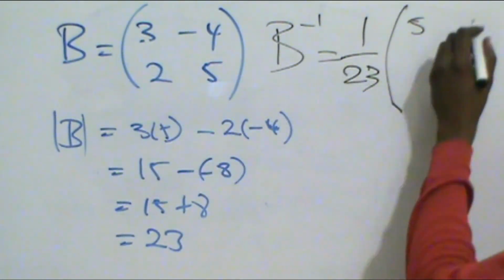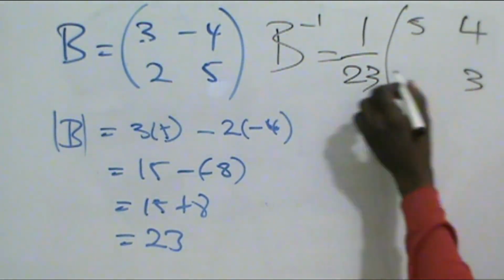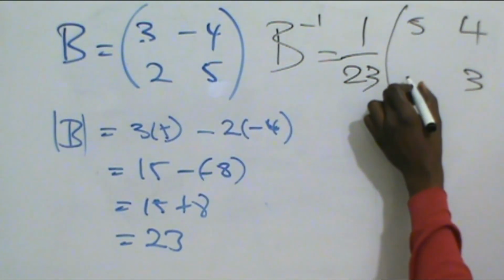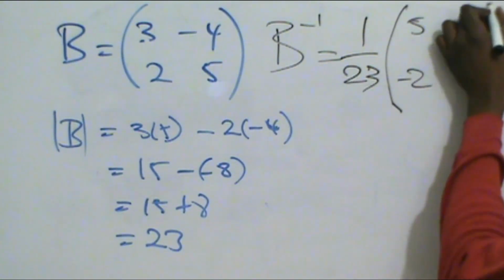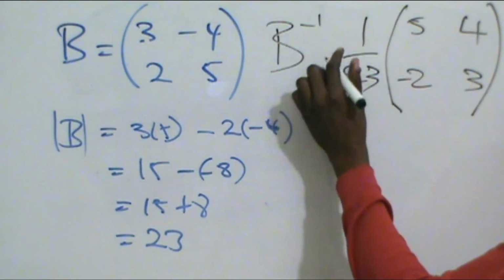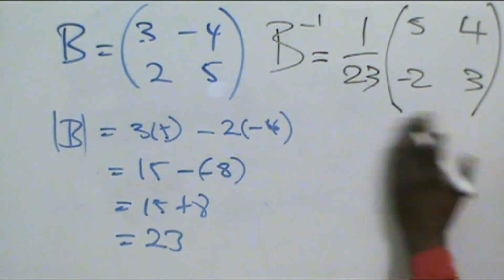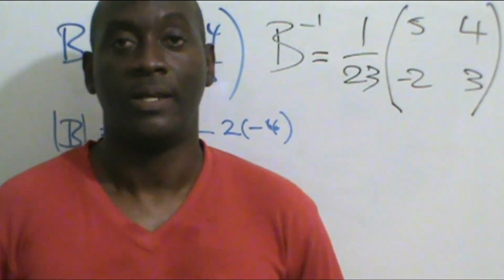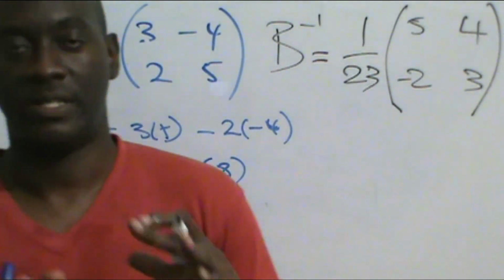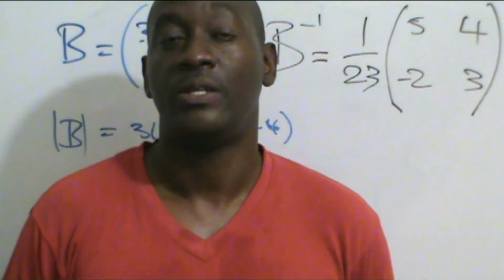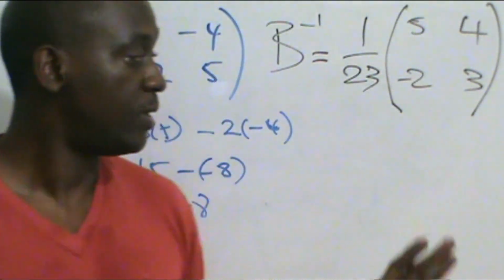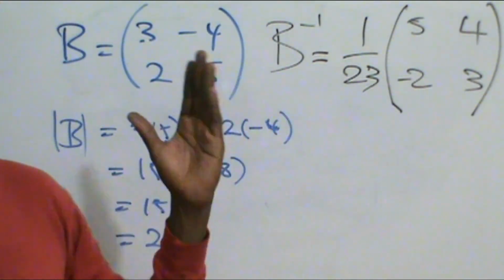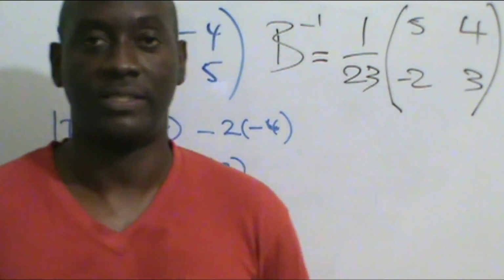So minus 4 will become plus 4, and plus 2 will become minus 2. My advice to you is to leave the inverse just like that, because that will be required when we come to the point of solving simultaneous equations using the matrix method. I'm going to work one more example and then leave you alone to finish off the rest.